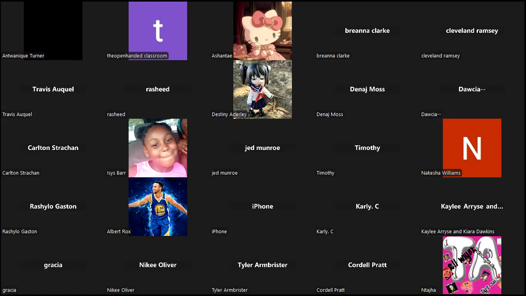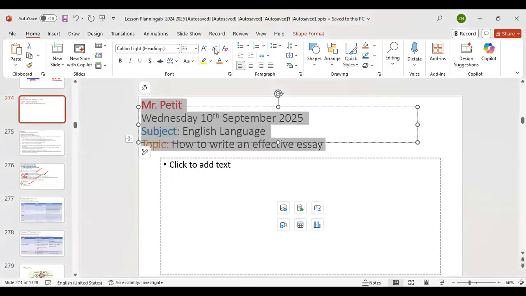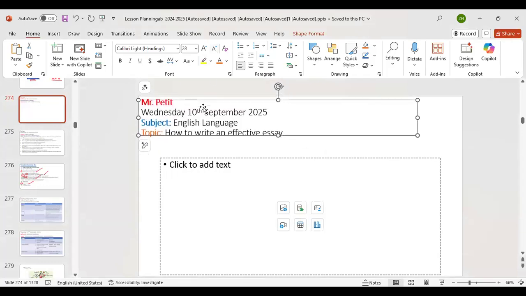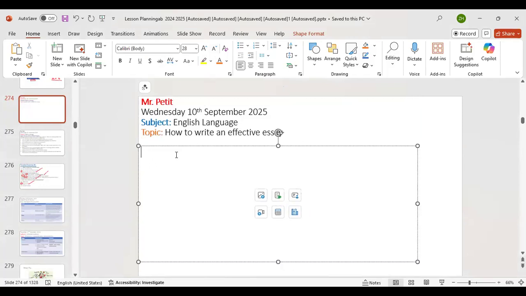So for our lesson for the day, our topic is how to write an effective essay. So everyone should be here, how to write an effective essay. So how do we write an effective essay, an essay that would get us full marks? What do we need to do? Okay. So the first thing that we need to do is understand, let me ask you the question.